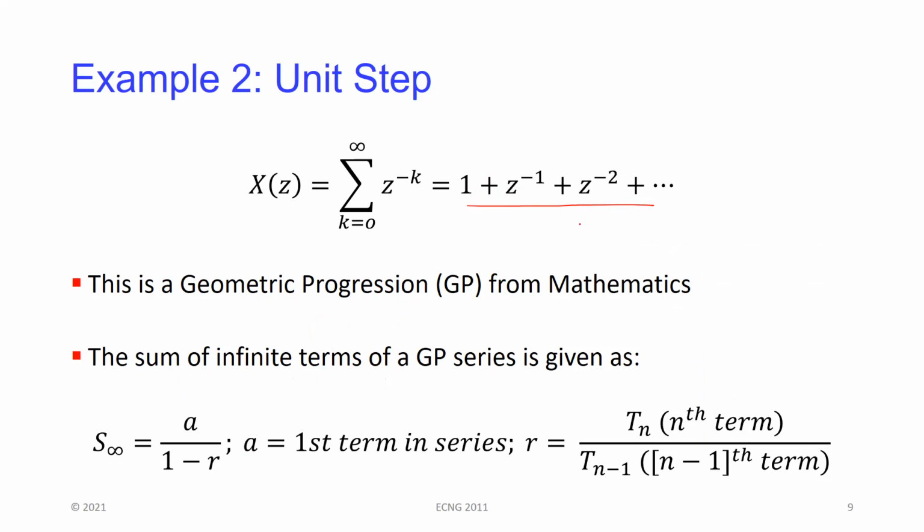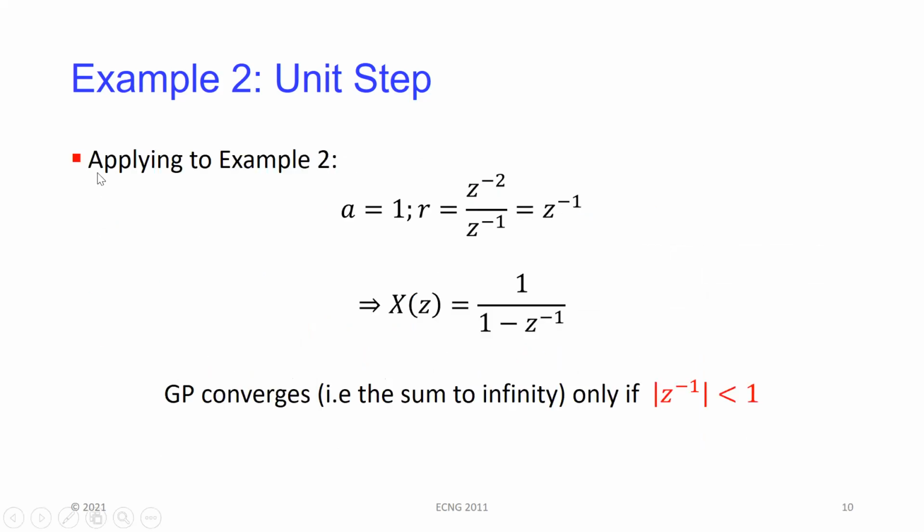The common ratio here is z^-1. The first term, a, is 1. So the sum to infinity of 1 plus z^-1 plus z^-2 plus z^-3 is 1 over 1 minus z^-1.